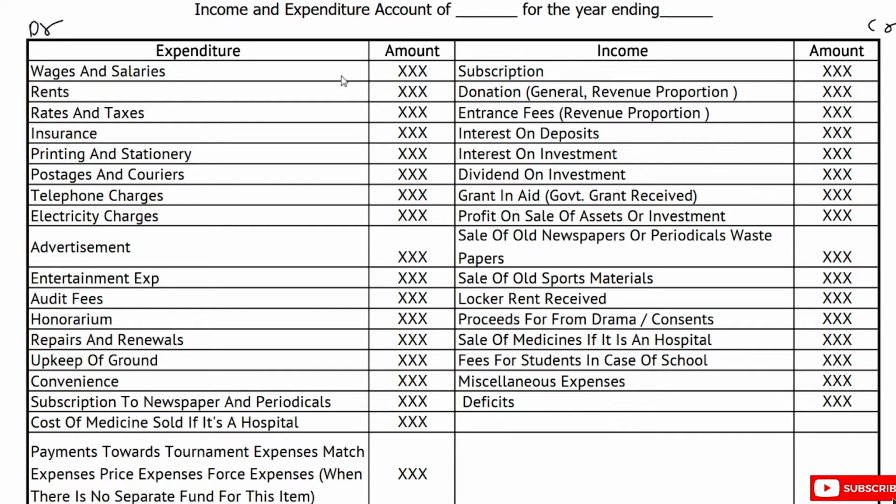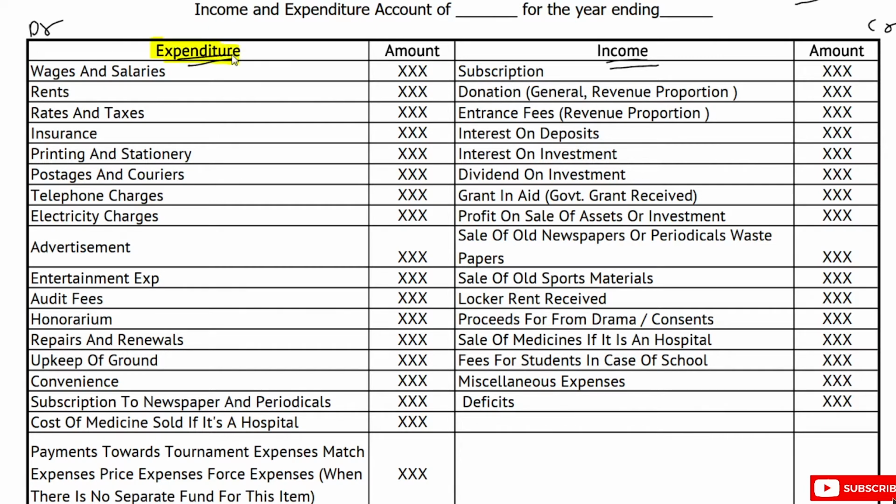Debit always has expenses, credit always has income. It is just the opposite of the receipts and payments account. In the receipts and payment account, income is recorded in the debit side and expenses in the credit side. But here expenses will be recorded in the debit side and income will be recorded in the credit side.